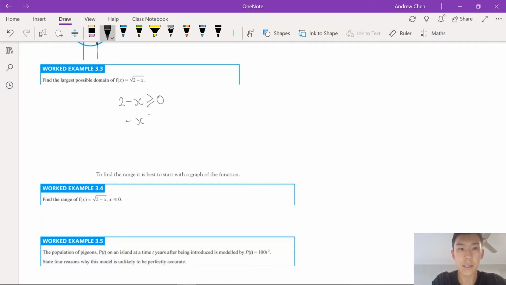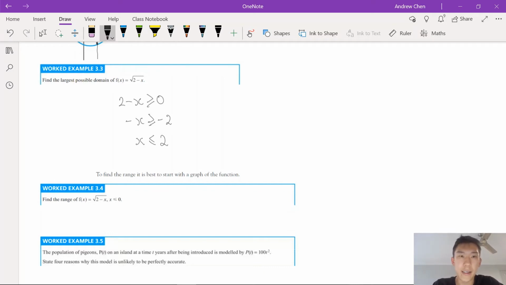So negative x, take away 2 from both sides, and then divide or multiply both sides by -1. When we multiply or divide by -1, flip the sign. You can do this however way you want, but this is the largest possible domain for x. x can be anything that is equal to or less than 2. So that means it can be negative.